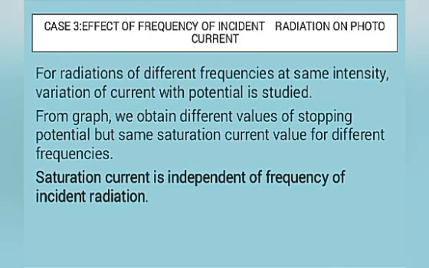Here the frequency of light can be varied by inserting a colored filter in the path of light falling on the cathode. Hence we get radiations of different frequency or different wavelength.